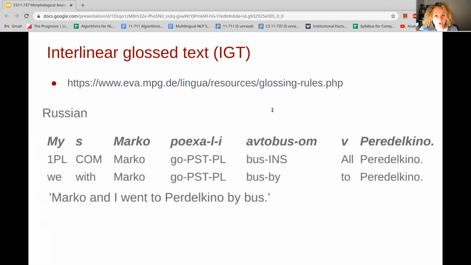And here is another more complicated example of the interlinear gloss text for the morphologically rich Russian, this is our object language, the top line, and the bottom line is a translation of the sentence into English, which is a meta language. And in between, you can see 2 lines representing a little bit different information.